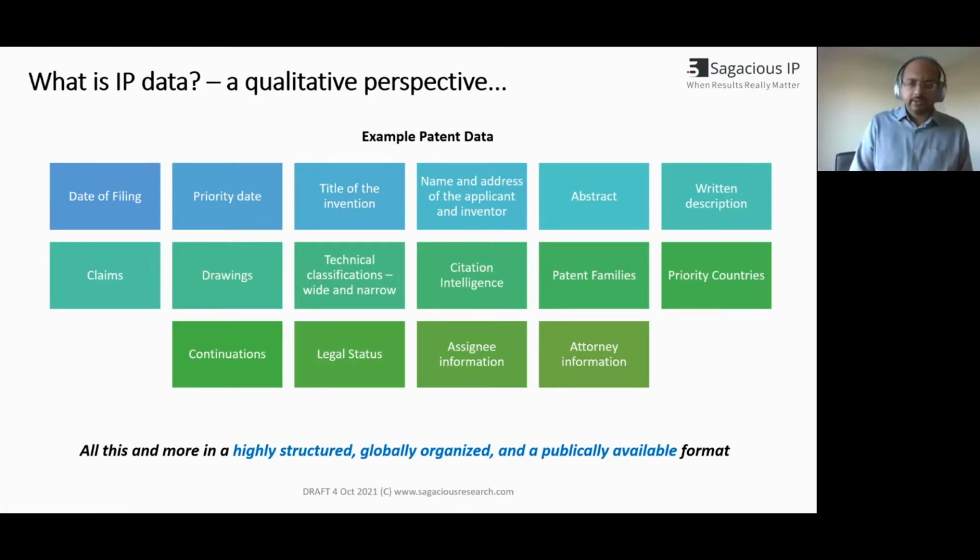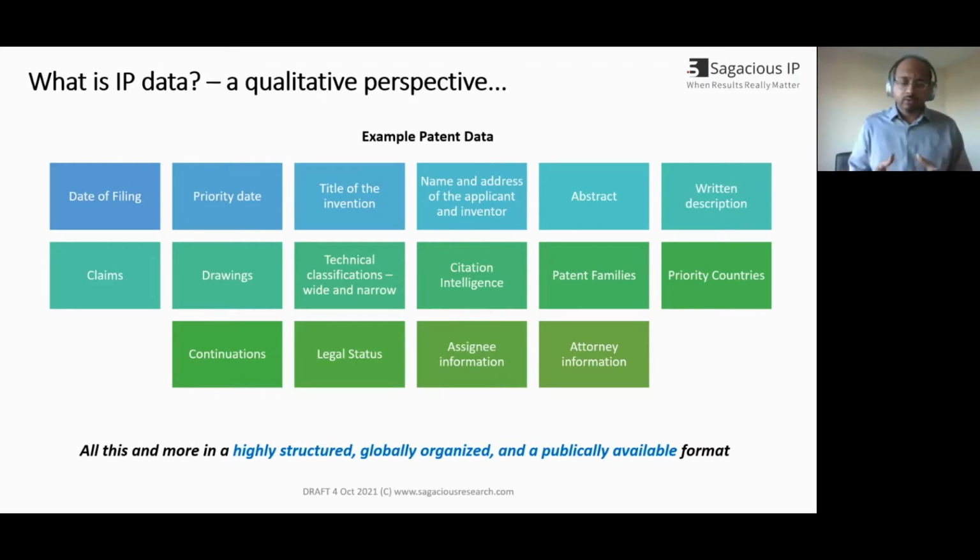So you have dates about when the technology was identified, when it got patented, when the patent was granted, when it was first patented, and what the latest updates were. You not only have the title of the invention, but you also have abstracts.